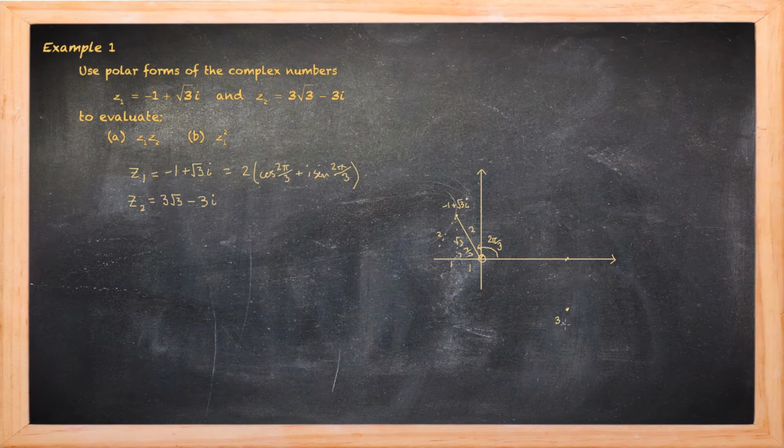And again, we'll make up a right angled triangle. And we can now put the lengths in. That's 3 root 3 on that side, and that's 3 on that side.